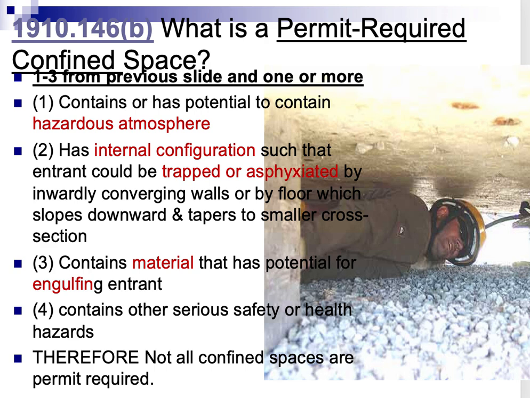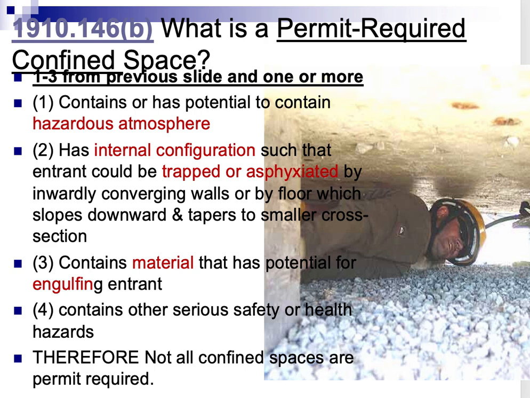So a permit required confined space is a confined space and then takes it one step further. So a permit required confined space contains or has the potential to contain a hazardous atmosphere, has an internal configuration such that the entrant, which is the person who enters the confined space, could become trapped or asphyxiated by inwardly converging walls or floors that slope downward or tapers in small cross sections.